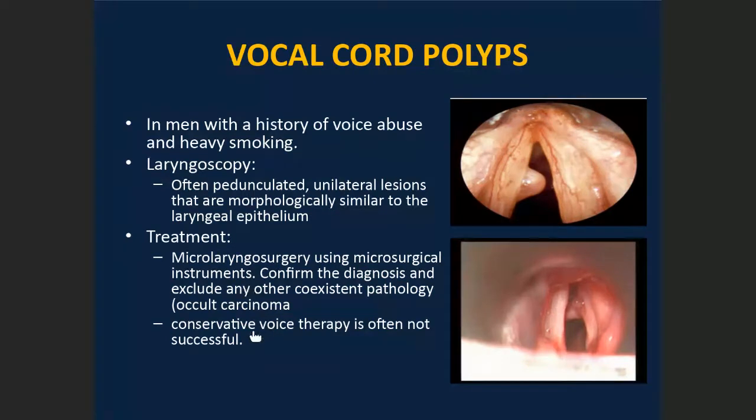You may start with voice therapy, but you will likely need microlaryngeal surgery. And even after any laryngeal lesion removal, the patient needs post-op speech therapy and also voice rest to avoid contact trauma and recurrence of the lesion.